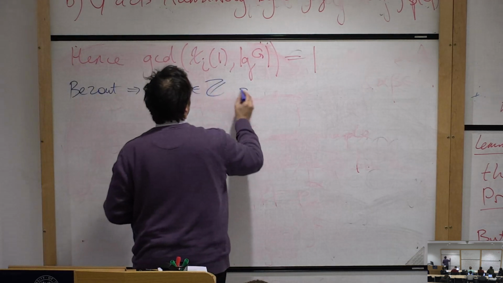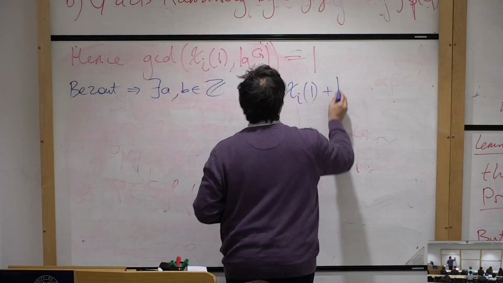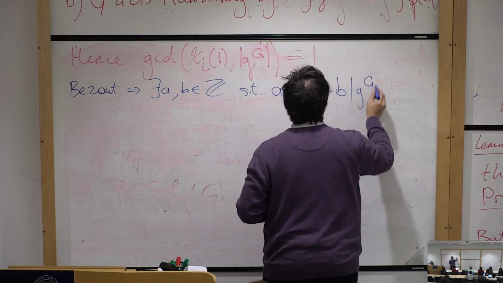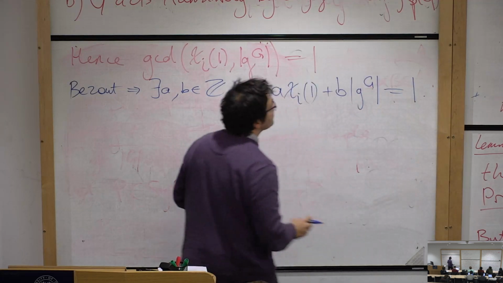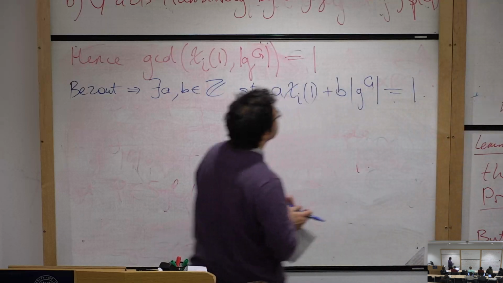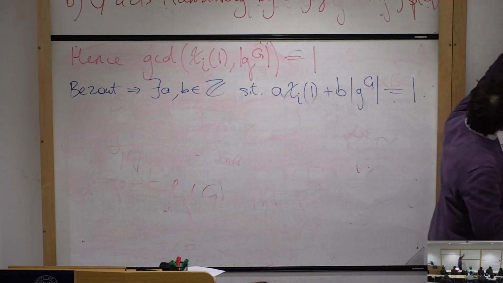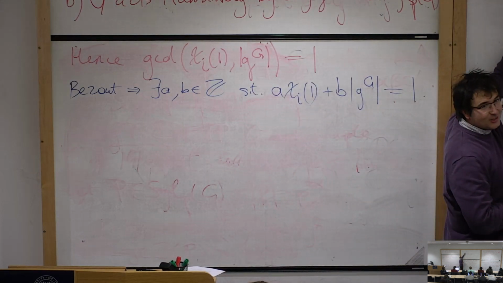Find integers a and b, such that a times the character degree plus b times the size of the conjugacy class is 1, and these things are going to get massaged. So what we're going to do is we're going to get rid of this number in this conclusion. Okay?